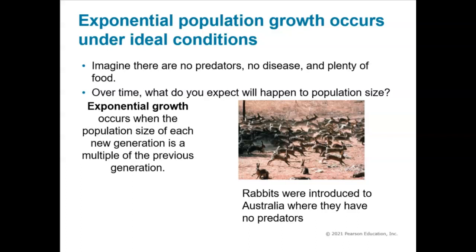Under ideal conditions, exponential population growth is going to occur. So imagine there are no predators, no disease, and plenty of food. Over time, what do you expect will happen to population size? Exponential growth occurs when the population size of each new generation is a multiple of the previous generation. An example of this is in Australia, where rabbits were introduced and have no natural predators, and so the population of rabbits exploded.